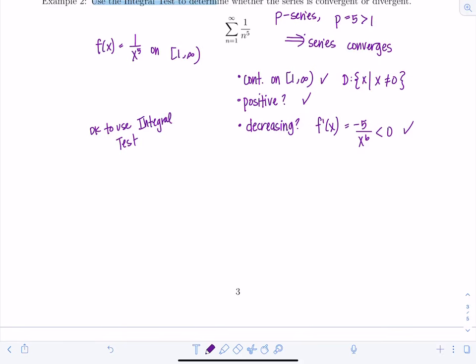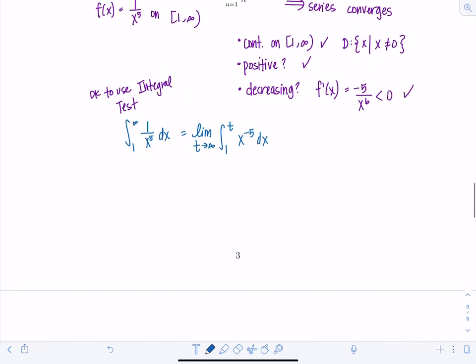And let's go ahead and set up our improper integral. So we have the integral from 1 to infinity of 1 over x to the 5th dx. I'm going to rewrite this as the limit as t approaches infinity of the integral from 1 to t of x to the negative 5th dx. And then let's go ahead and anti-differentiate.